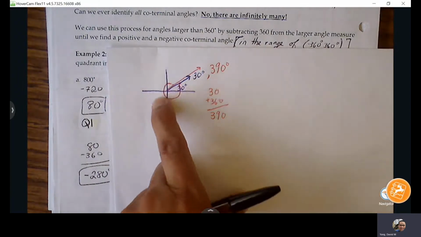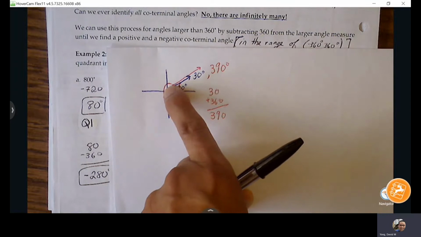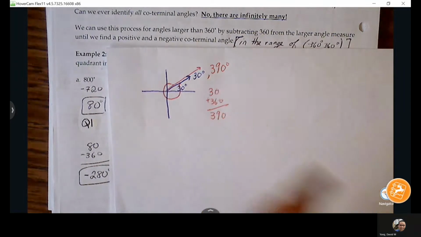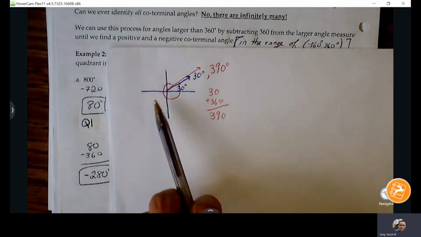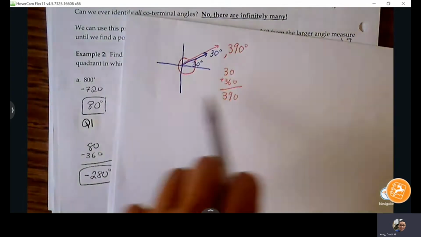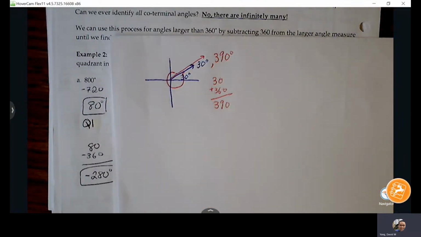If we rotate it 360 degrees, it's going to give us a different angle, but that terminal side is going to be the same. If we take a terminal side and we keep adding 360 or keep subtracting 360, we're going to have all these angle measures that share the same terminal side, because every time we rotate, we're just going to come back to the same location.